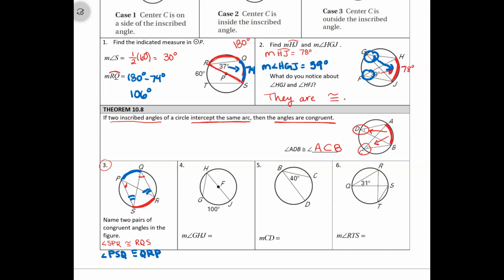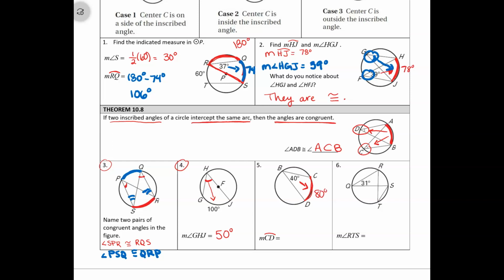Now, question 4. It says find the measure of GHJ. Well, across from that is 100 degrees. So using theorem 10.7, we take half of that. That is going to be 50 degrees. Question 5, find the measure of arc CD. That is opposite of 40. Therefore, we double it.